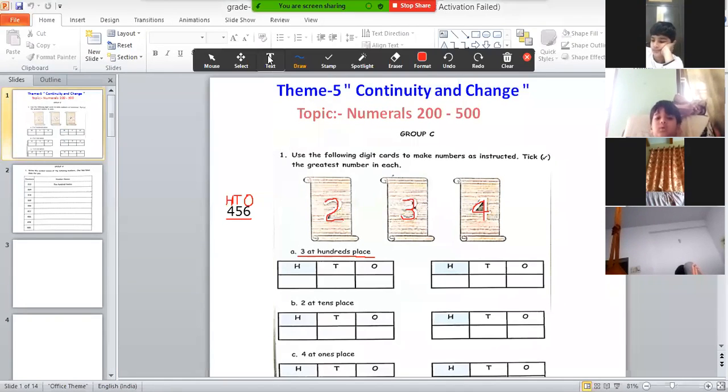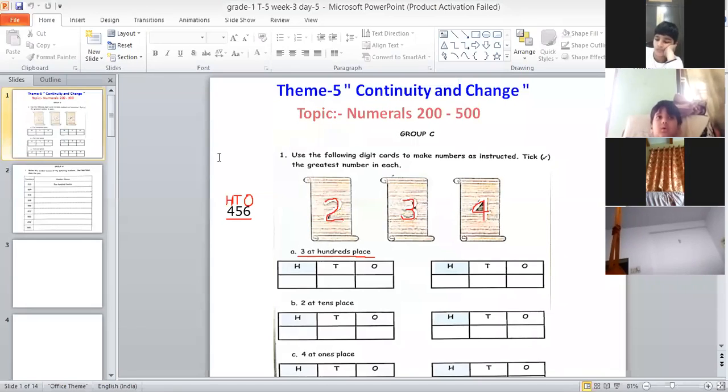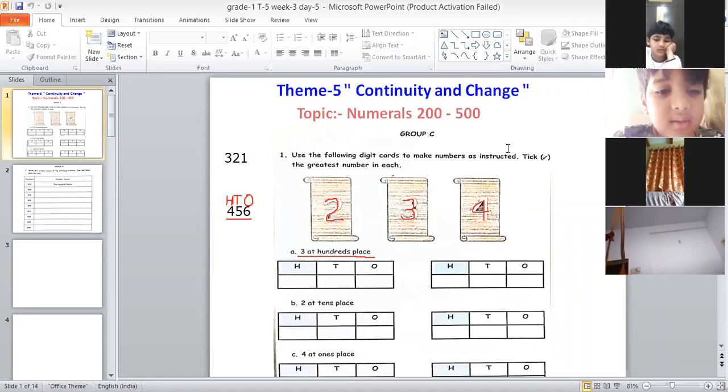Now let us write one more number here. Vineet, please read this number. 3, 2, 1.